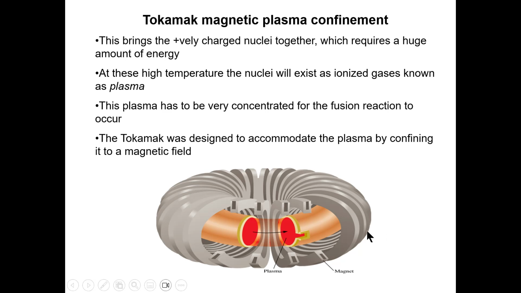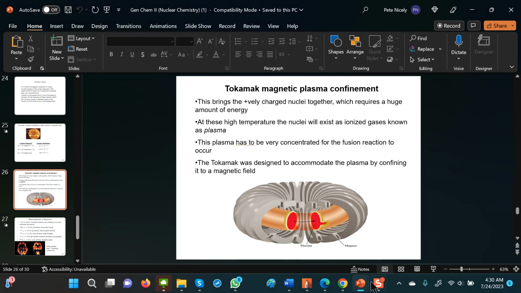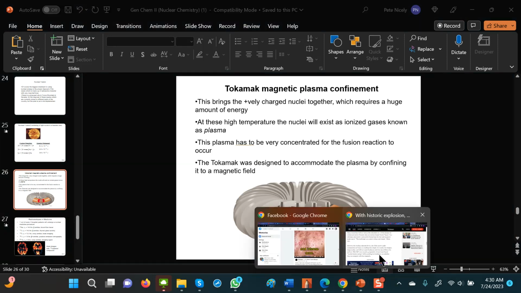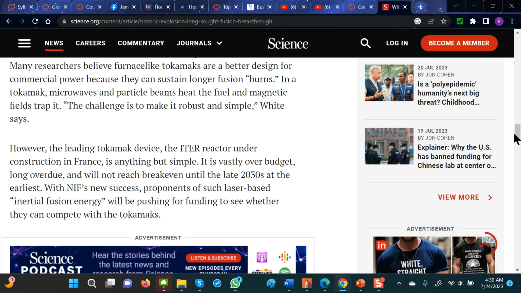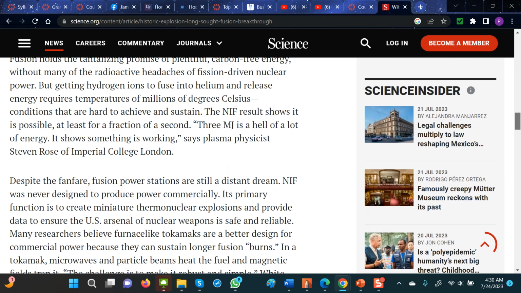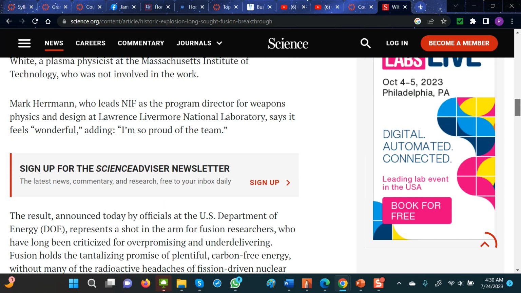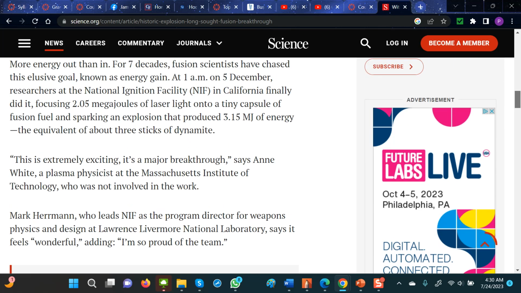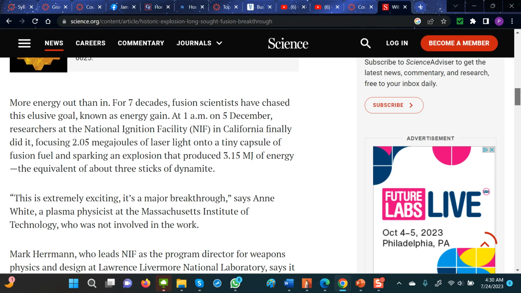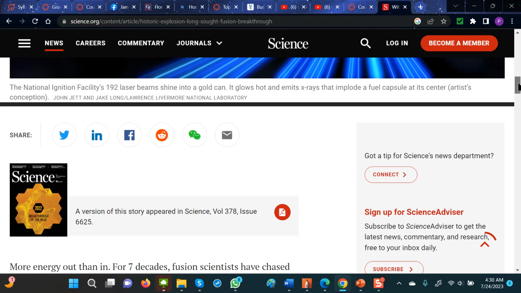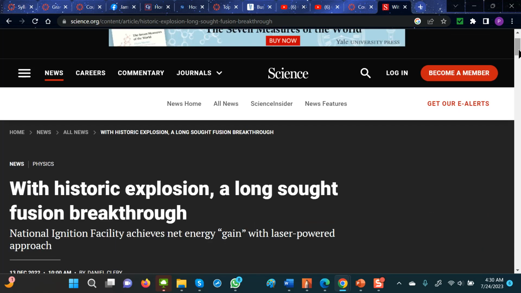However, I will say this, and I need to refer to an article which talks about a recent discovery. When I say recent, this was announced in December of 2022, where some scientists were looking at an alternative method of achieving the same thing, in other words, bringing nuclei together to react so that they can produce energy.